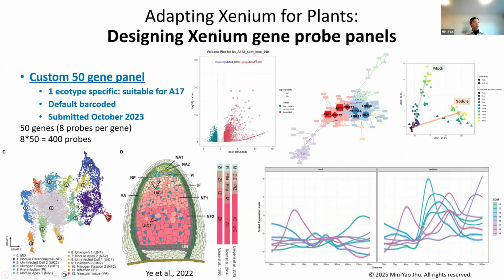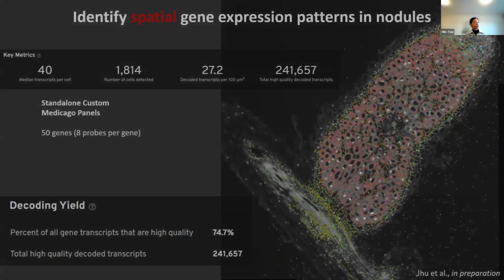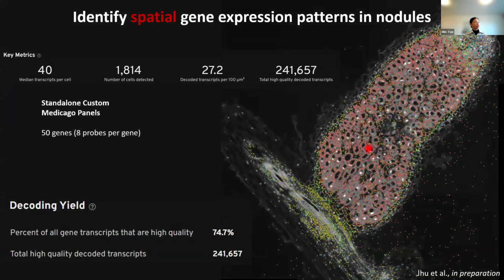Those will be the genes that are more likely to be involved in the key regulatory process. We also integrated the cell type marker genes already identified in the single cell data set. So this is one example from the Xenium. We can see each individual dot here indicates a transcript, and then we can directly visualize them in the tissue context.